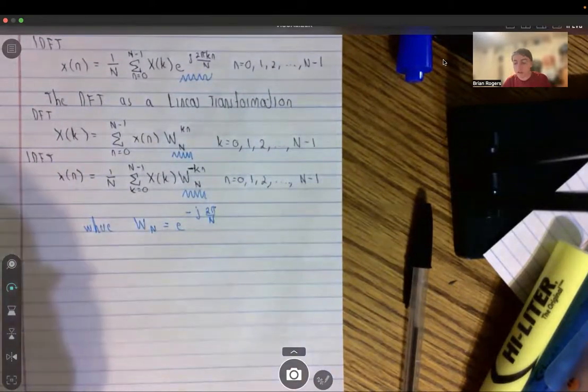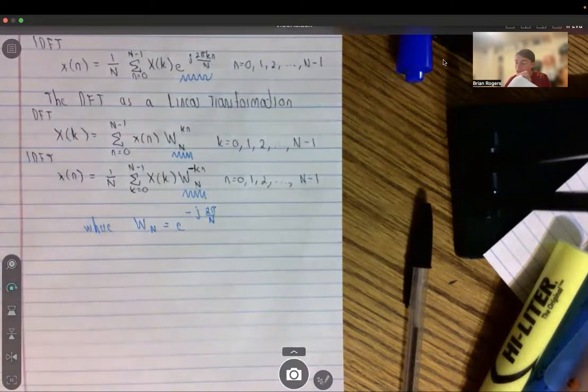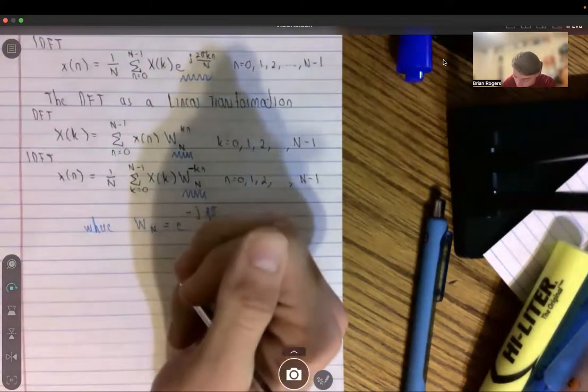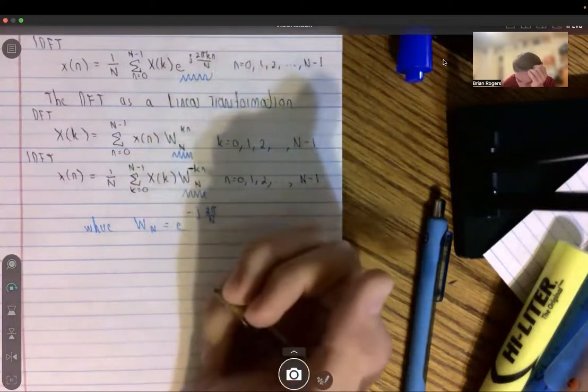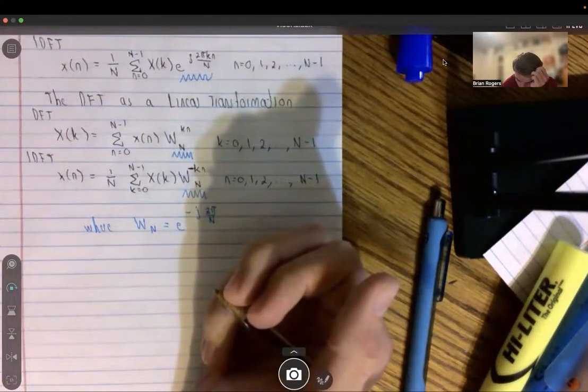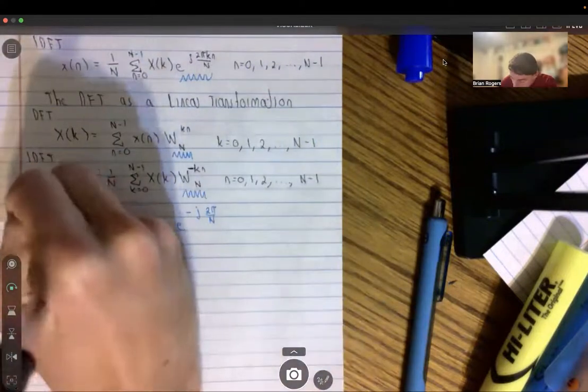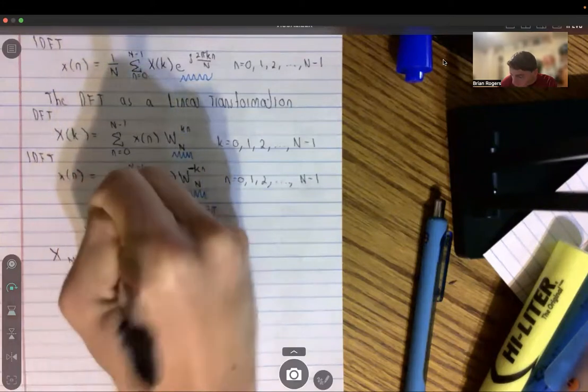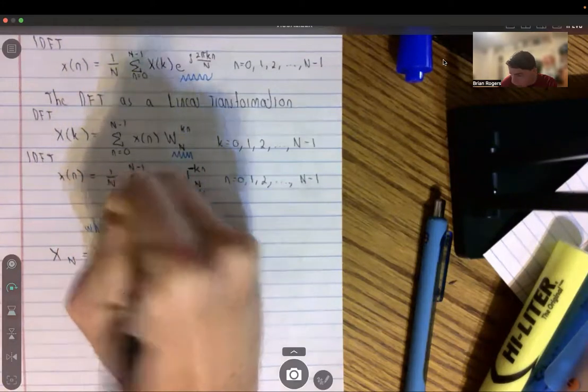And so when he talks about linear transformation, the big thing you need to know is that in order to solve for it, you have to use a technique where X of k is going to be equal to, let me write this out to make sure I give you guys the correct response, he says in the notes, X equals W_N times lowercase x of n.